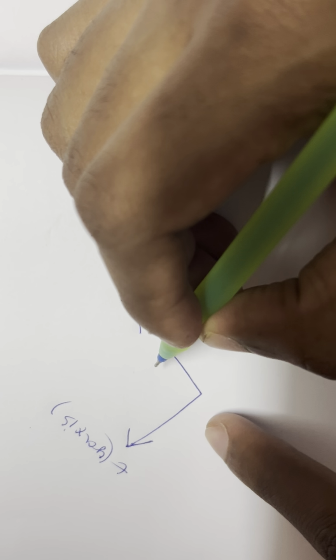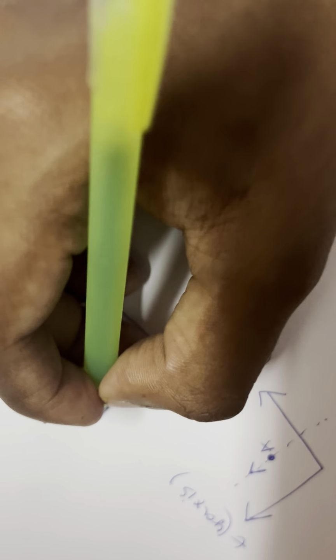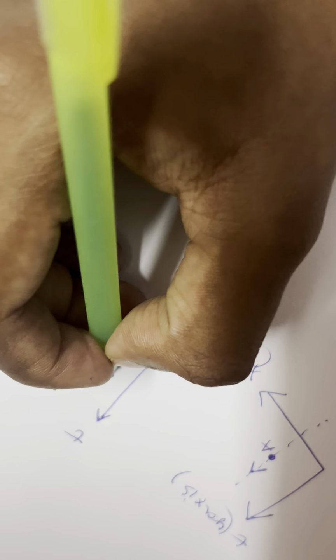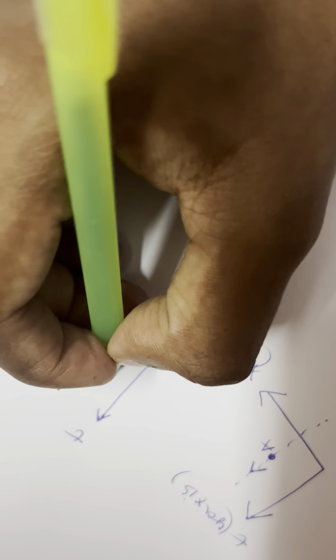So if we consider this particle A as in motion, this is the space-time representation of particle A which is in motion.